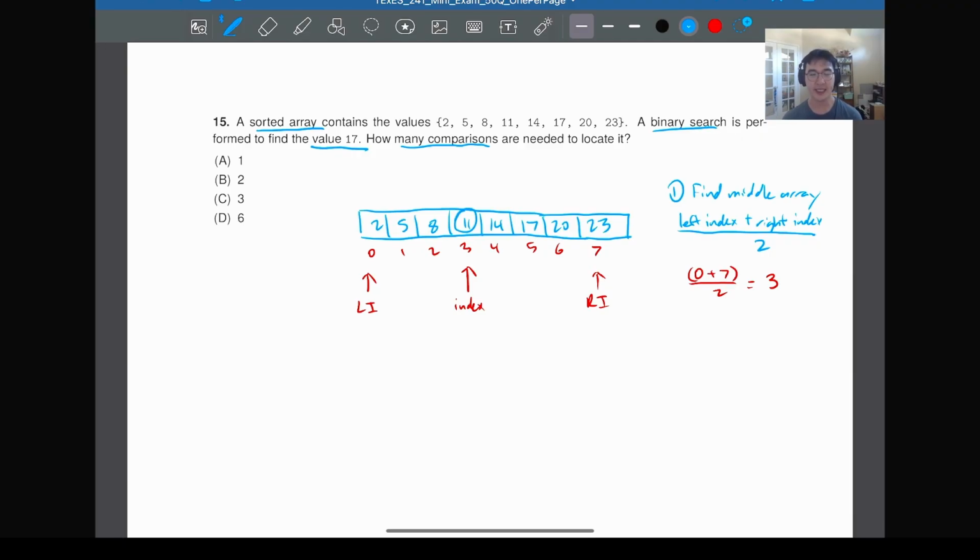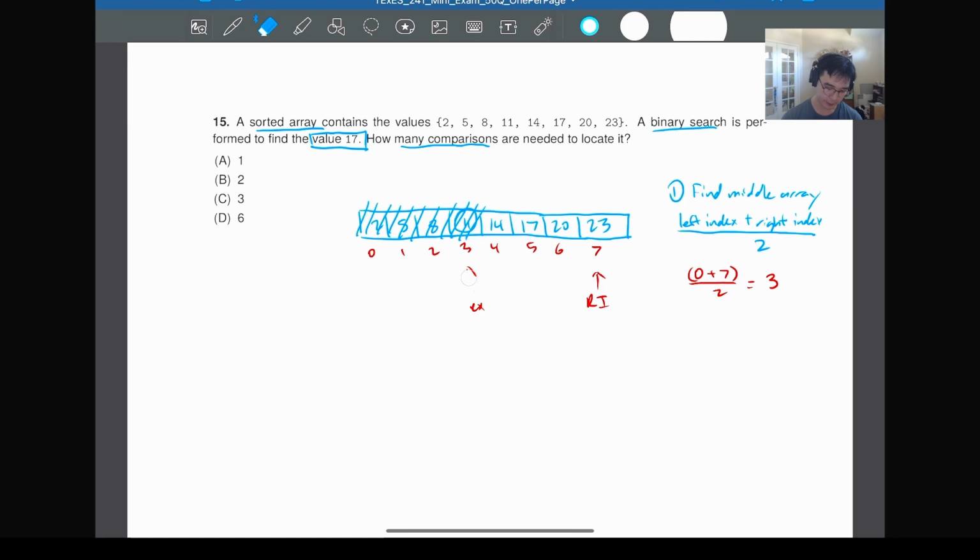Well, because this is a sorted array, I know that 17 must be on the right-hand side of this 11. So that means I don't need to look at any of these values, because the value I'm looking for, this 17, is greater than 11. I know that I can just look at the right side of that index.